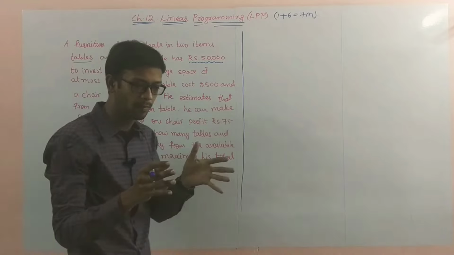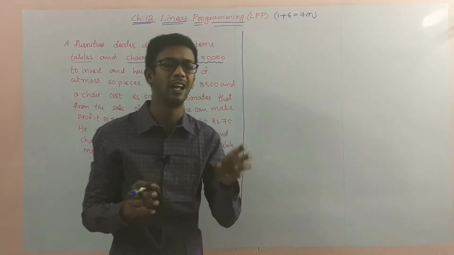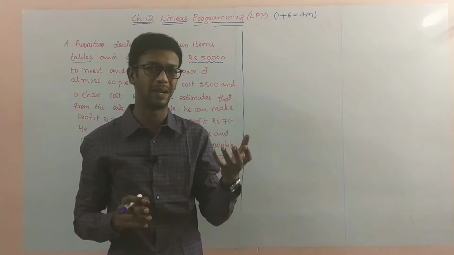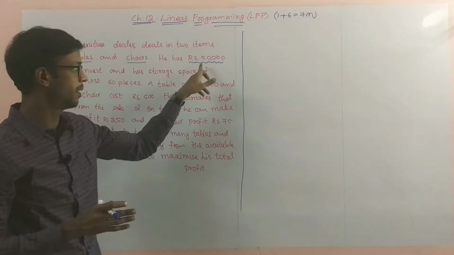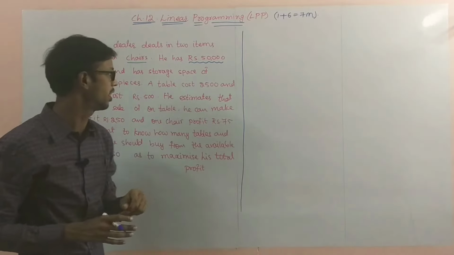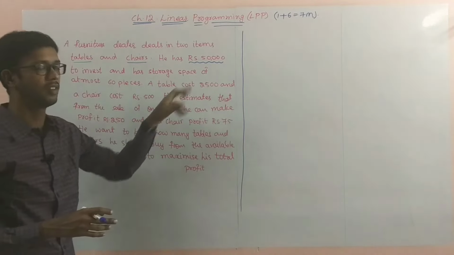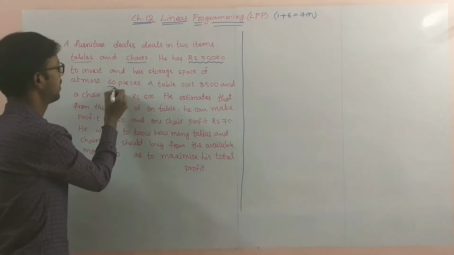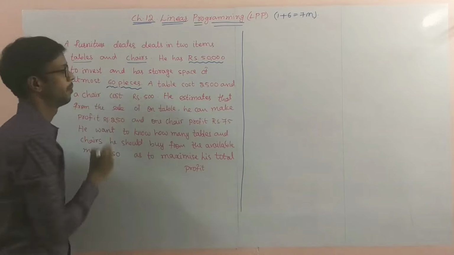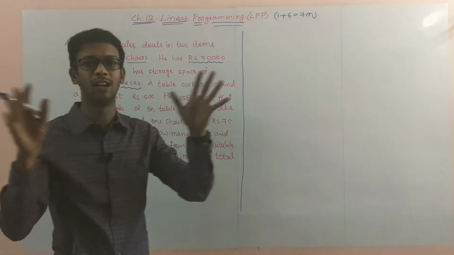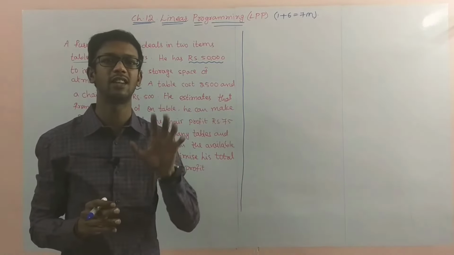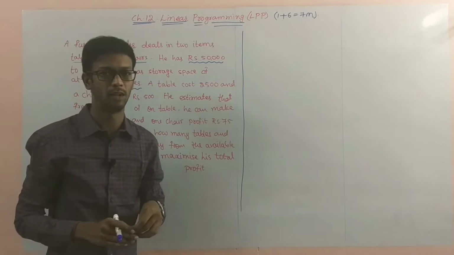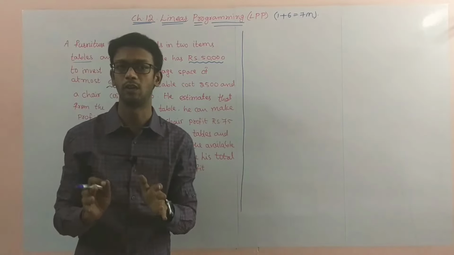He has a maximum amount of 50,000. For any company you start, investment is important. You have an investment of 50,000 and the storage capacity is 60 pieces. You have one area, and in that area you can store 60 pieces, that may be chairs or tables. And the amount is 50,000 only.